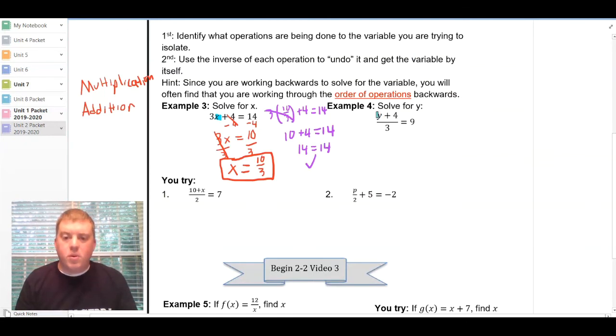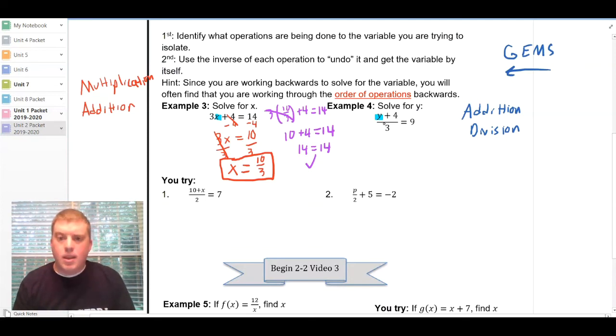In example 4, we are asked to solve for y. When I look at what's happening to y, I see some addition again, and I see some division. This one's going to require a little bit more thought. Normally if I was working through GEMS backwards, I would undo the subtraction and addition first.